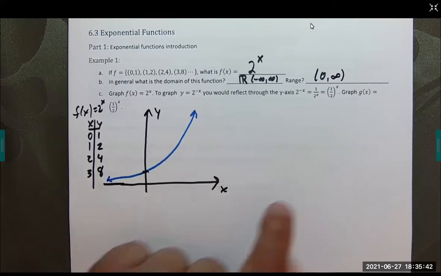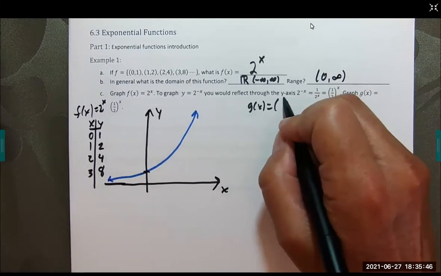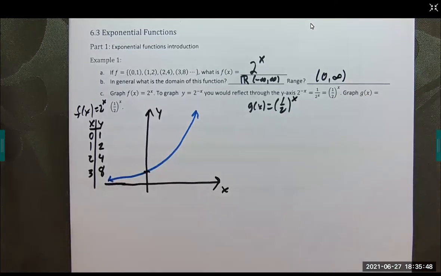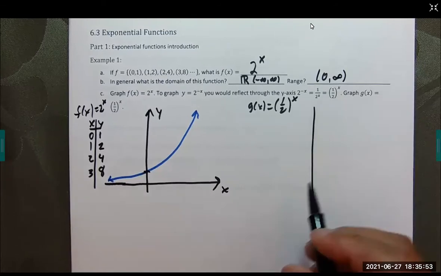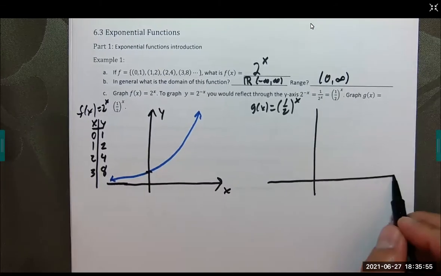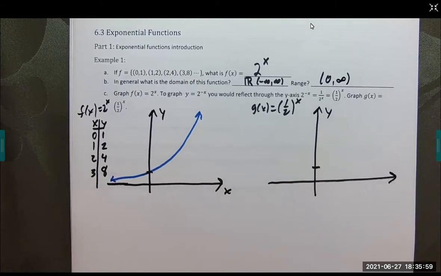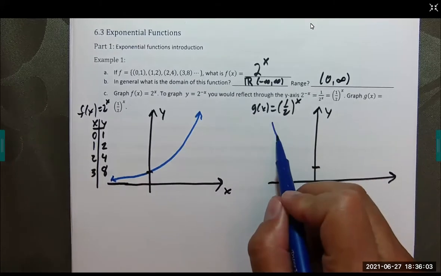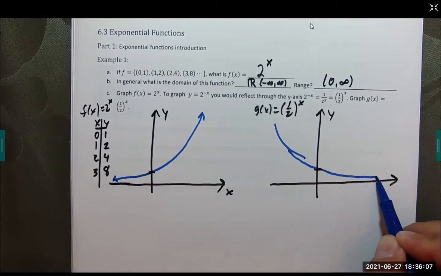And the other graph that they have is g of x equals 1/2 to the x. So this is going to look similar, except it goes exactly backwards.